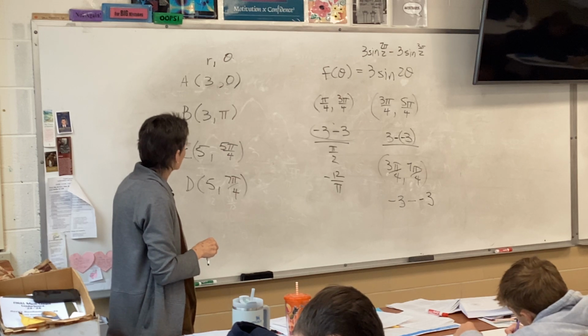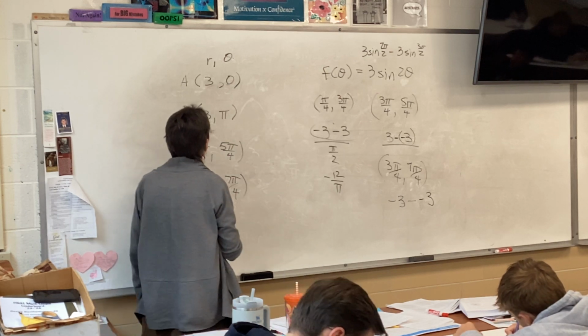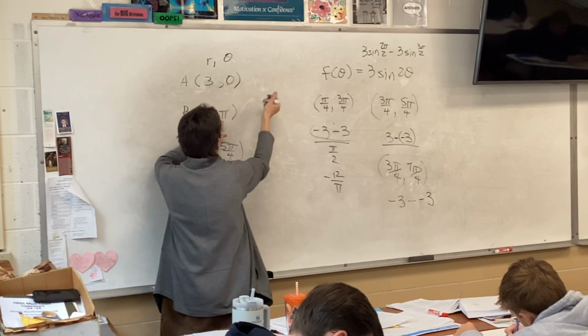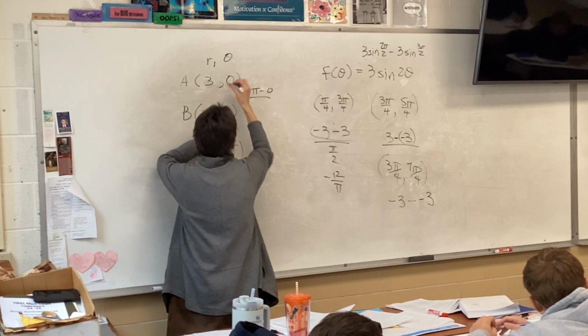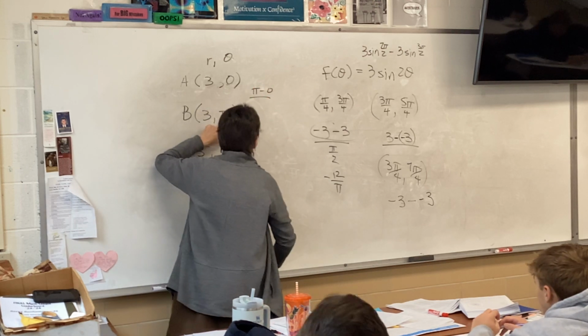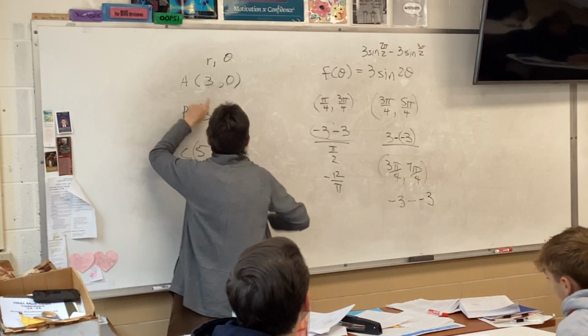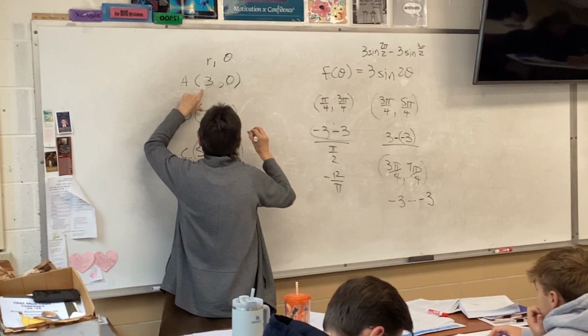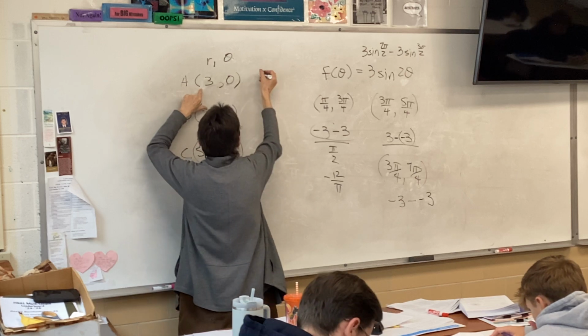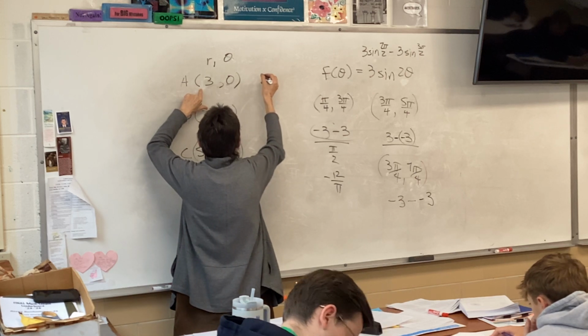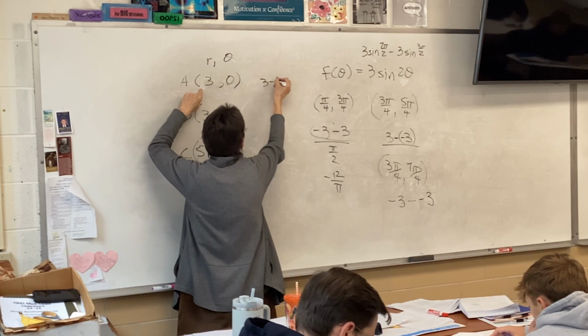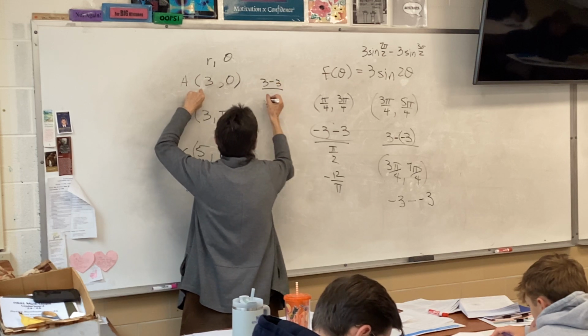Okay, so what do you think? This is going to be pi minus 0 over, or, so F 3 minus 3 over pi minus 0.